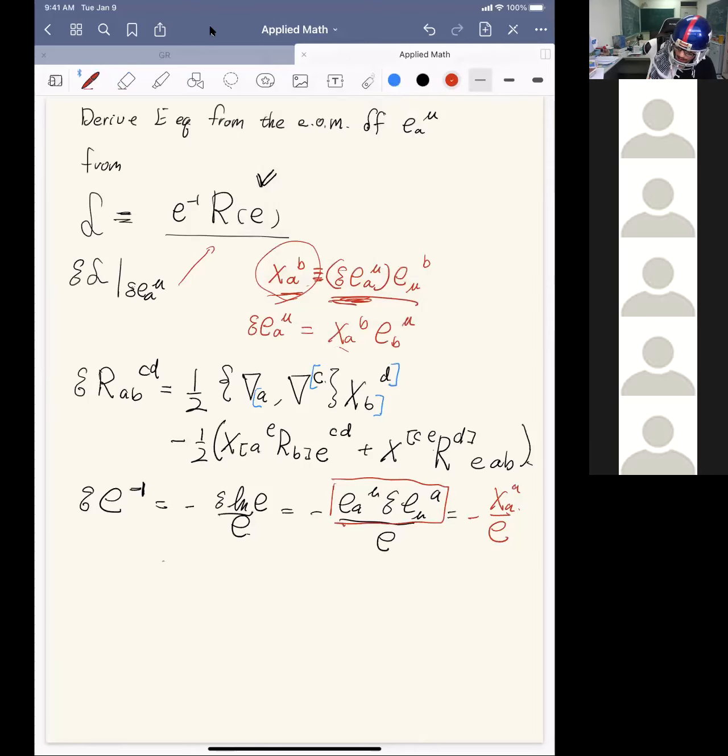Okay, so now all I have to do is just contract this with delta functions, with the Kronecker delta, to make this into the Ricci scalar, and then I get the variation of the Ricci scalar.